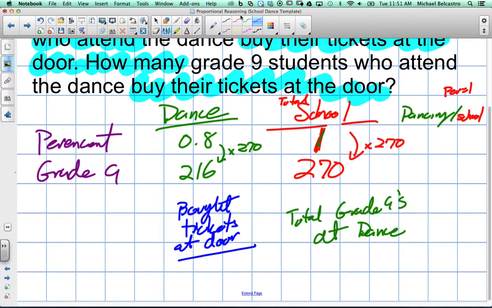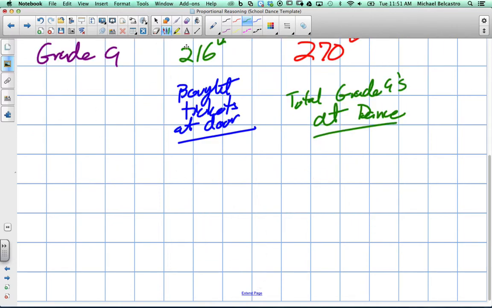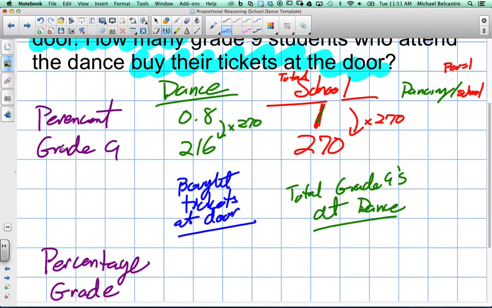Okay, so here's our one category and our other category, and we'll set it up again. We're going to set up again to start with a percentage. Okay, and then we're going to set it up by again the grade 9s. So both times our rows categories were percent then grade 9, percent then grade 9.